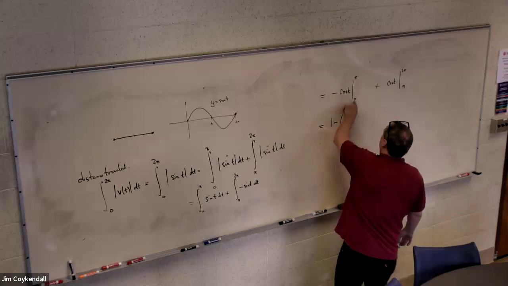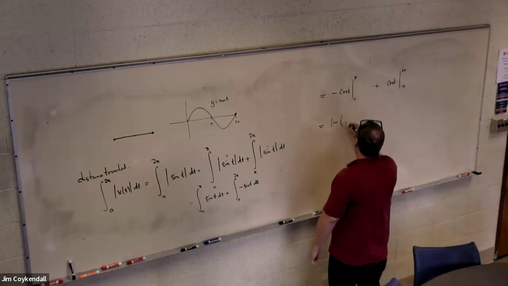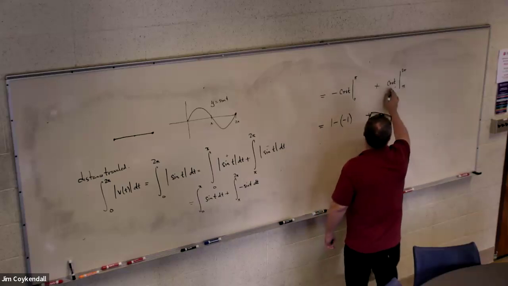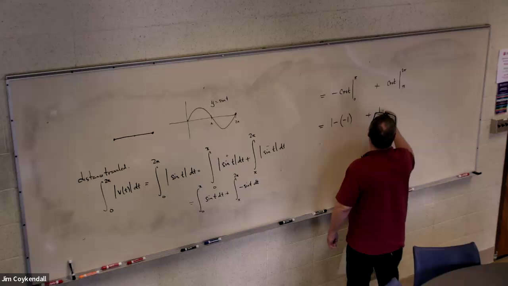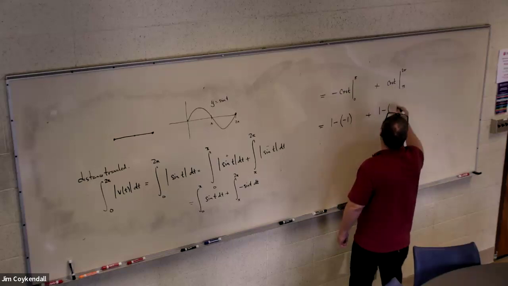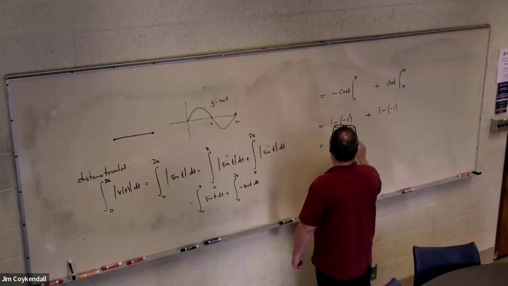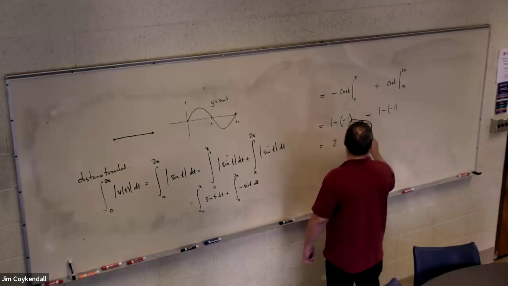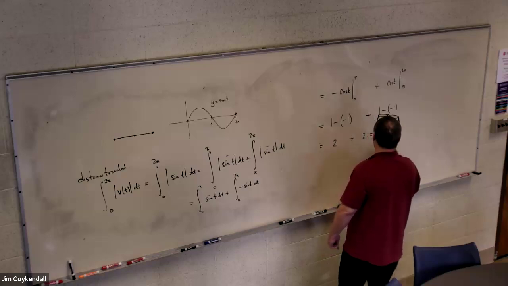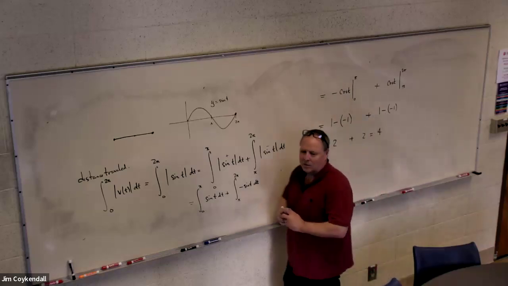And when I plug in 0, that's going to be minus 1. This other bit, when I plug in 2 pi, I get minus 1 minus 1, which is 2. So the distance traveled in the first half is 2, the distance traveled in the second half is 2. That worked out well.